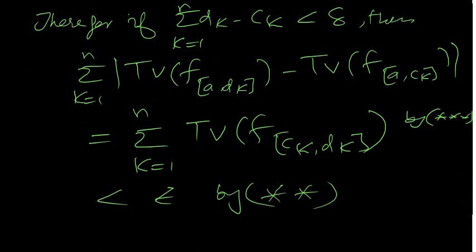So therefore that means this total variation function is absolutely continuous, because whenever this collection of bounded open intervals satisfies this property, that means the sum of the lengths of these intervals is less than delta, then the variation over these intervals of the total variation function is less than epsilon. This means the summation k runs from 1 to n of the mod of T of dk minus T of ck is less than epsilon, which means that the total variation function T of x is absolutely continuous.